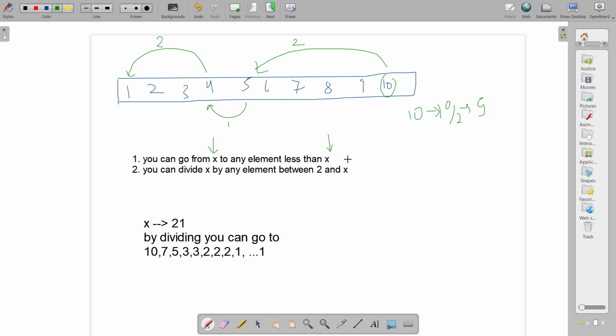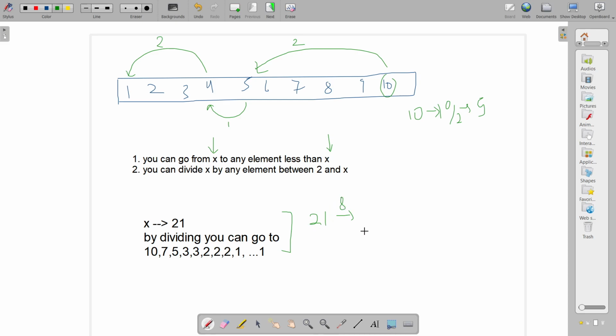One thing I want to show is, suppose you have the number 21. From 21 you want to reach 1, and you divide it by, let's suppose, 8.